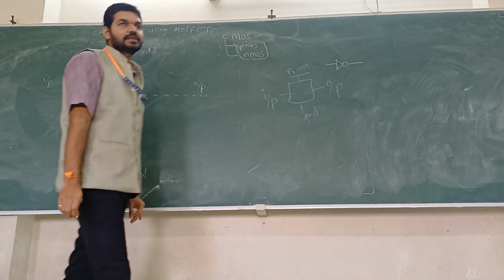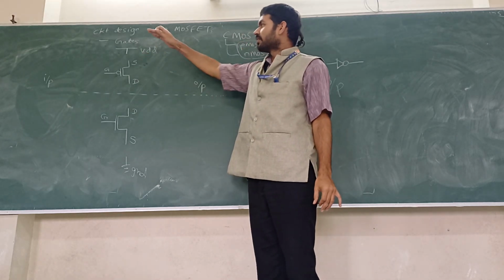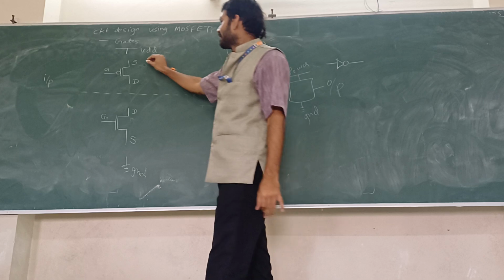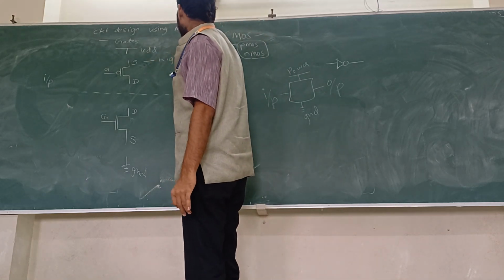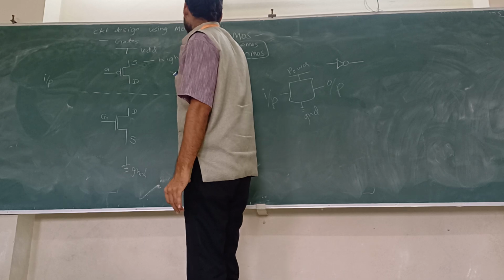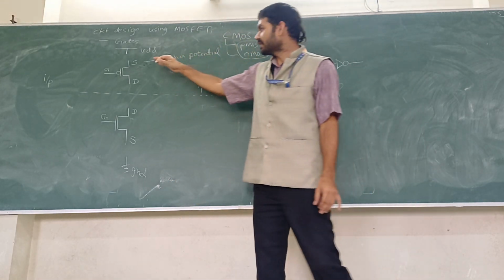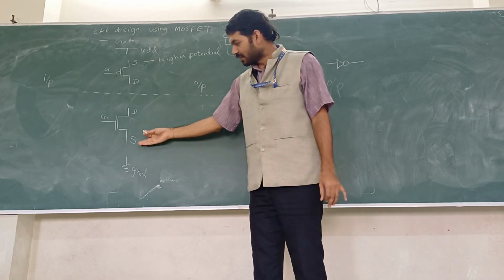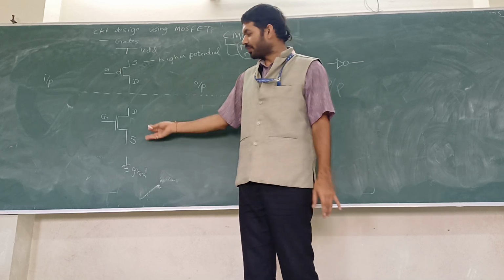So the fundamental thing behind this is: source of P MOSFET should be at the higher potential or higher voltage. Source of N MOSFET should be at the lowest potential.